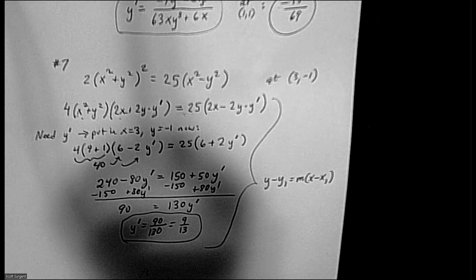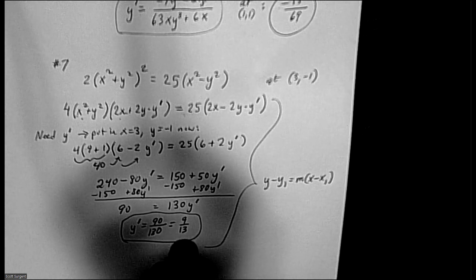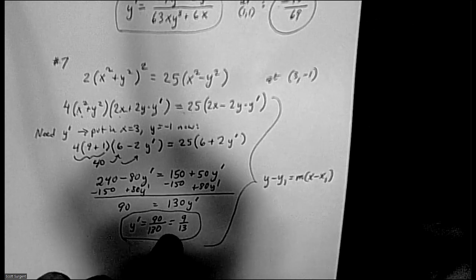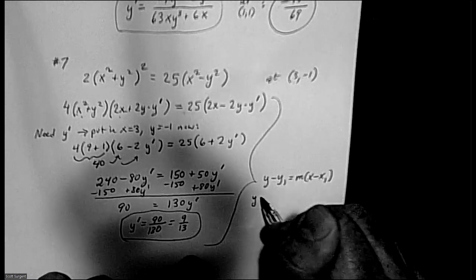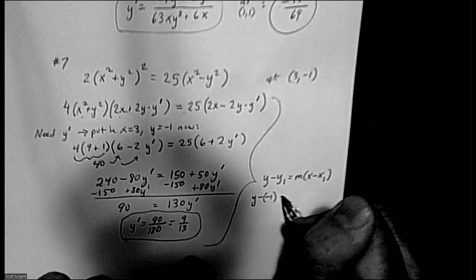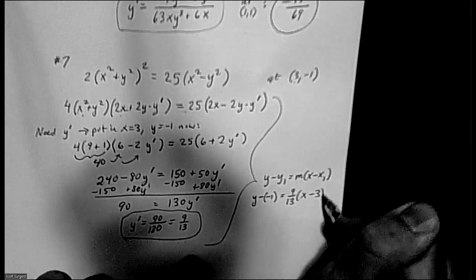All right, let's go ahead and proceed. We want to find the equation of the tangent line. The slope is 9/13, and we've got x is 3, y is -1. So you just pop the numbers in there. y minus -1 equals 9/13 times (x minus 3).